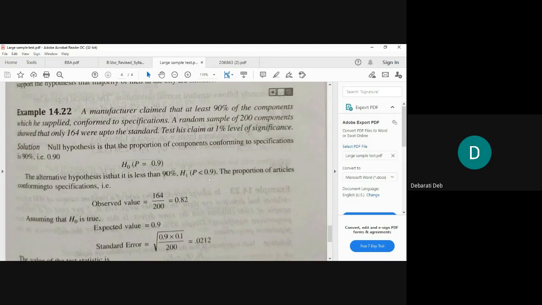Here, the null hypothesis is 0.90 because that is the claim of the supplier. Now, in the alternative hypothesis, why have we not taken greater than and why have we taken less than? Can anyone tell?